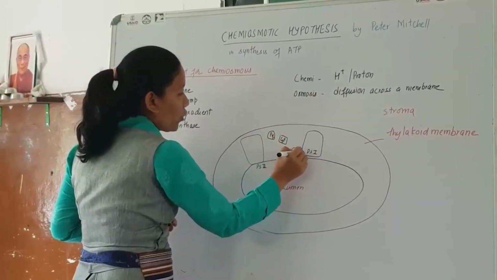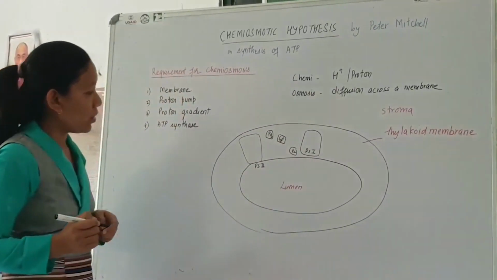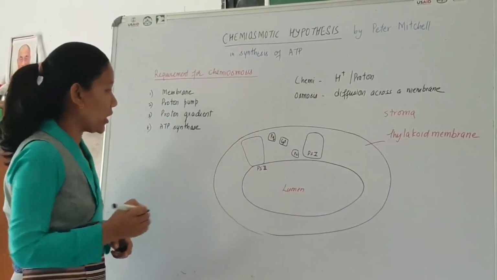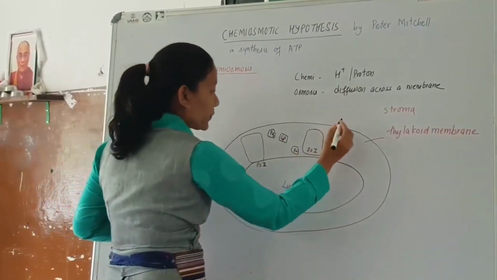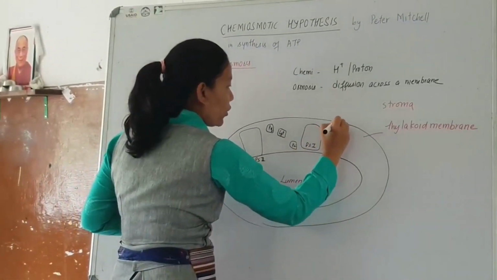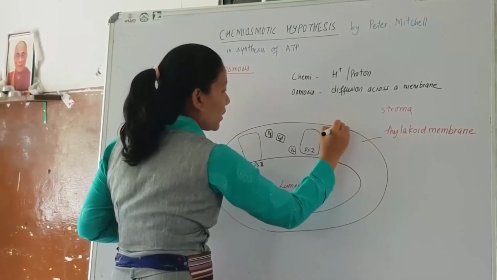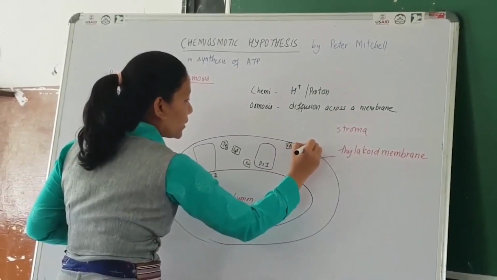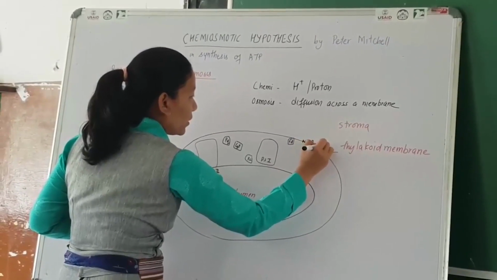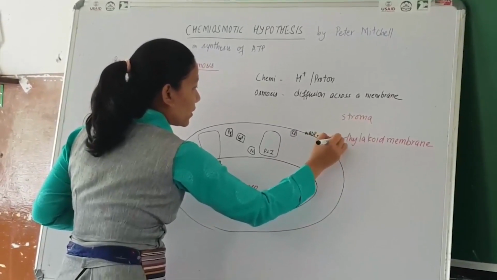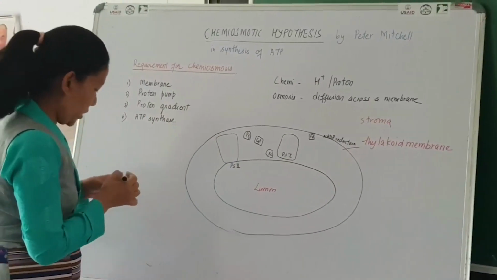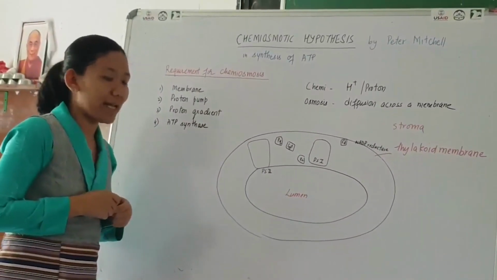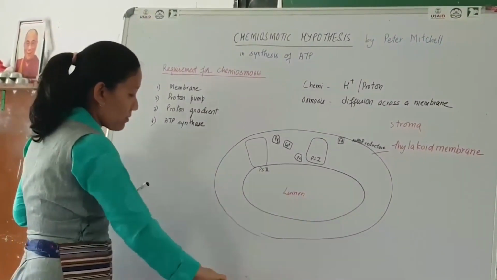And all these form the electron transport chain. And then there is ferredoxin, and then NADP reductase.